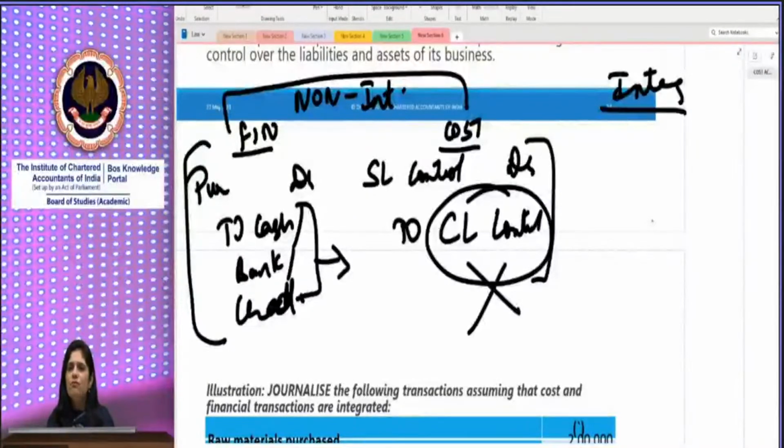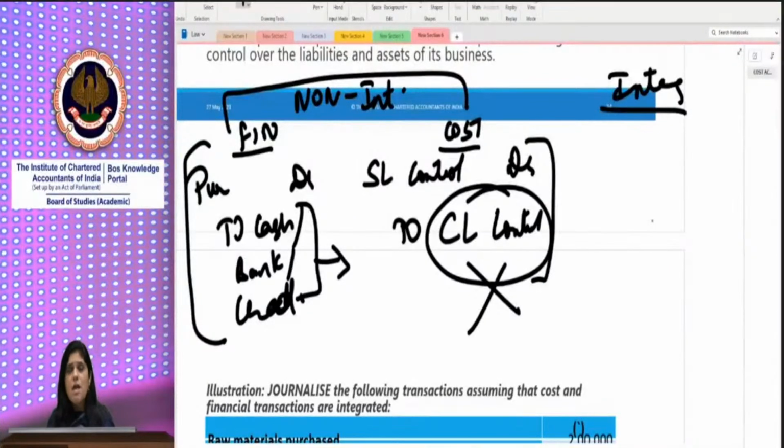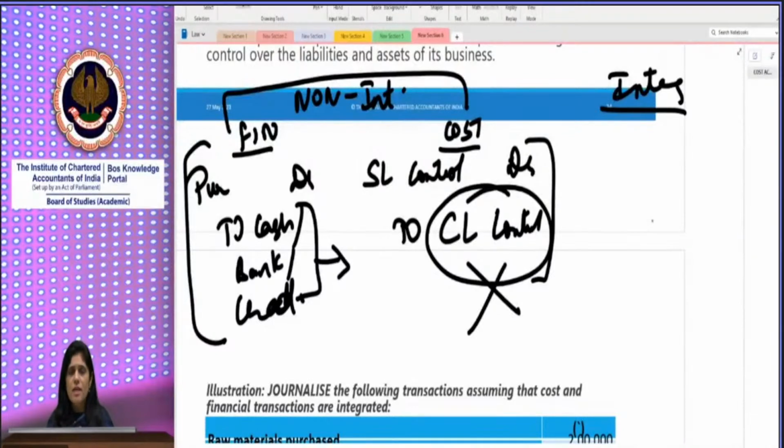Whatever entries you have just passed in non-integrated, every entry within the system for transfer from stores to WIP, from WIP to finished goods, from finished goods to cost of sales, from cost of sales to costing profit or loss account, production overheads to WIP, admin overhead to finished goods, selling and distribution to cost of sales, every entry where cost ledger control account is not used, all those entries will remain same, whether integrated or not integrated.